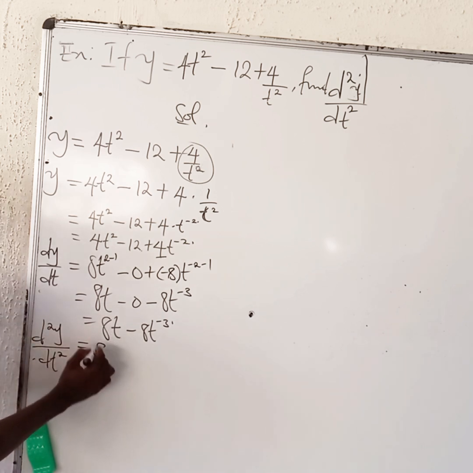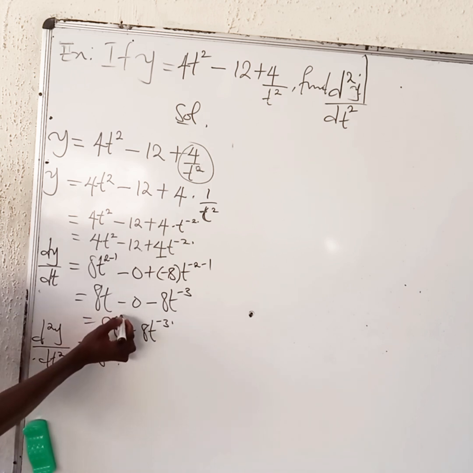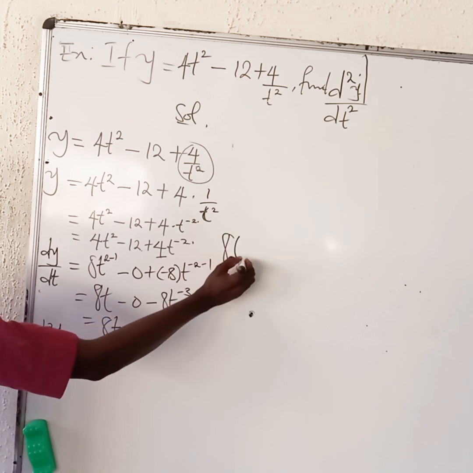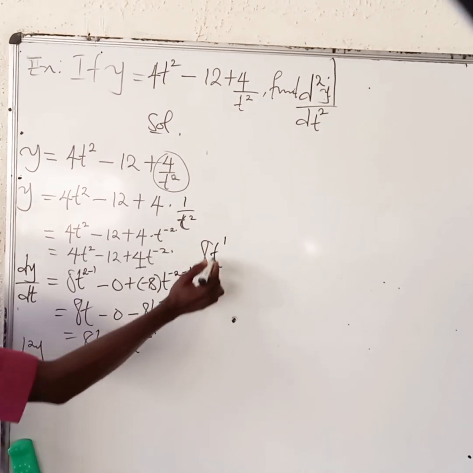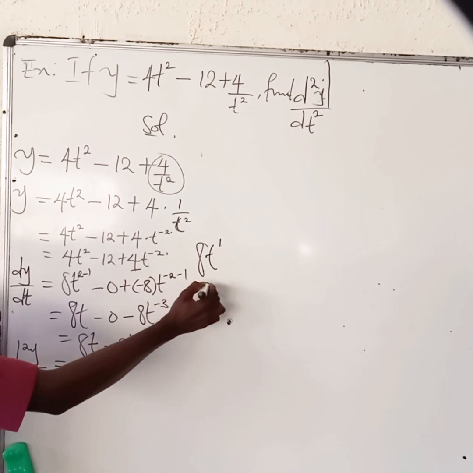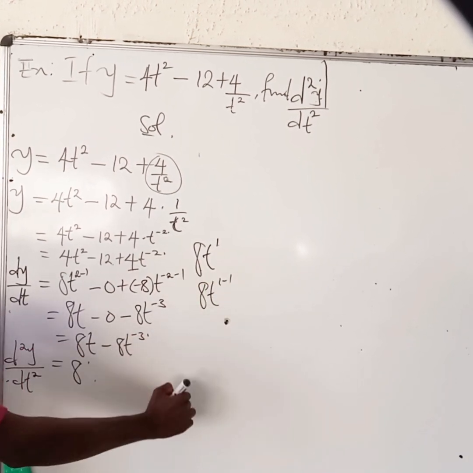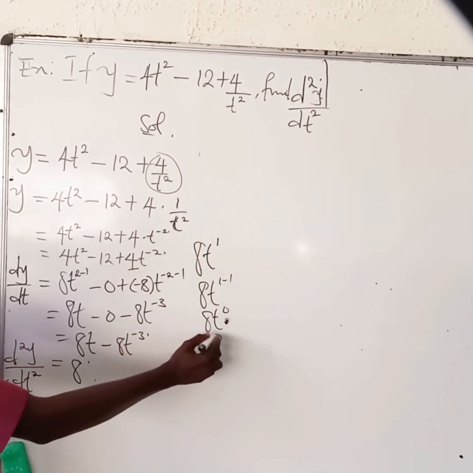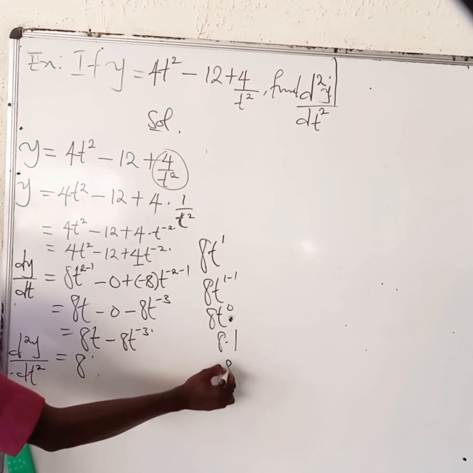So it's now going to be 8t. It's not going to be 8t again, because the power of this is 1, and it's going to be 8. Differentiation of 8t is going to be 1. Do you know how we get it? When you have 8t, this is the power. So power will multiply the coefficient, which is 8t raised to power 1 minus 1. So 8t raised to power 0. Anything raised to power 0 is what? 1. So the answer is equal to 8.